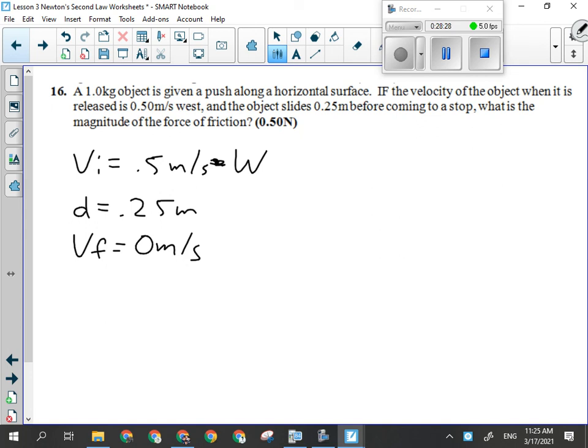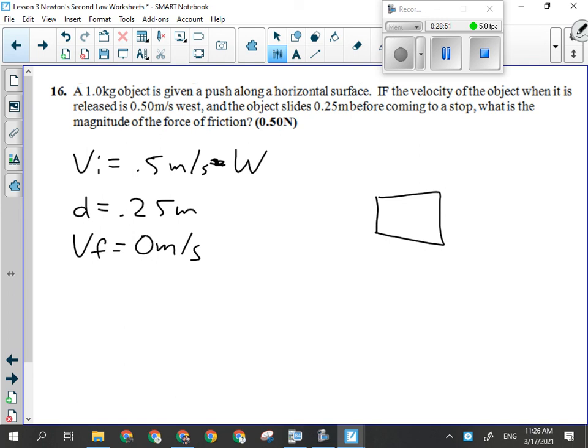If I'm looking at this, once I push an object, say this brush, once I'm done pushing, what's the only force acting on it that matters? Friction. It's just like the slamming on the brakes question. It's the force of friction that's going to bring it to a stop.